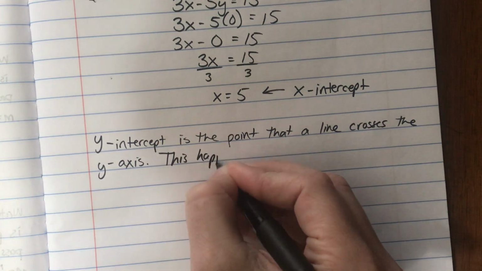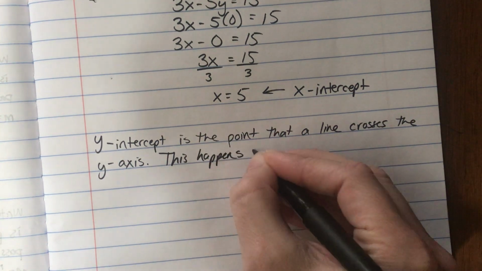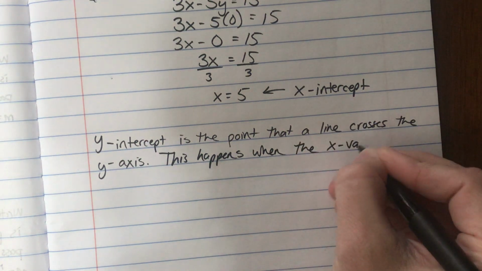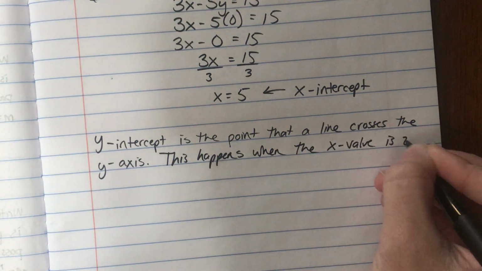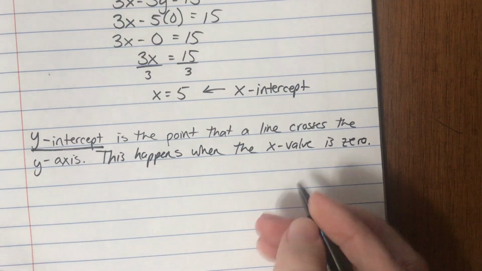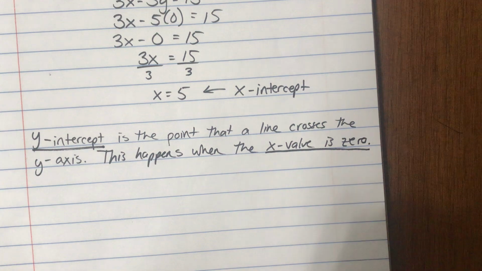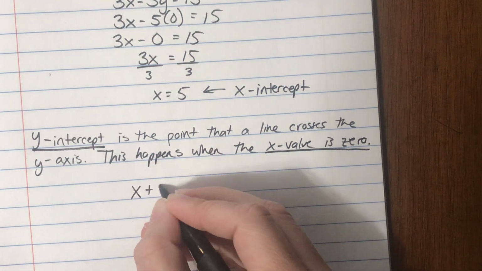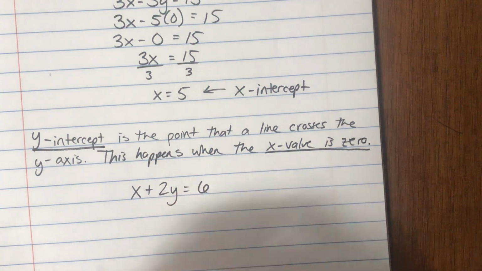So this happens when the x value is 0. Now, again, if you're given an equation, so let's say x plus 2y is equal to 6.